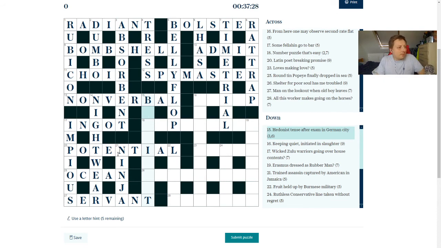Cryptic crosswords are very much something you have to learn with others. Hedonist, someone who likes pleasure. Tense. It's a different German city. An exam would probably be a test here. City does start with B.